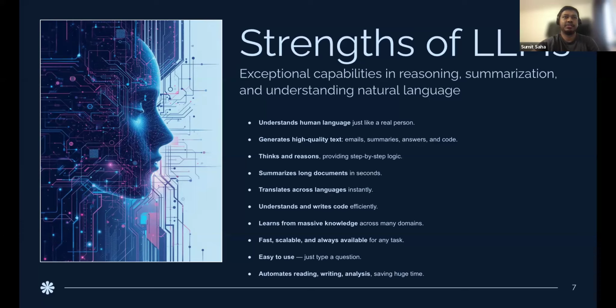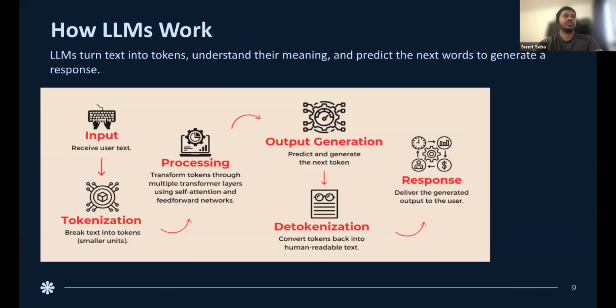It writes very good quality content. It can summarize long documents, translate, and understand multiple languages. It's also quite easy to use. We can ask a question in the chatbot and it can answer. So LLM is a very powerful tool for everyone.